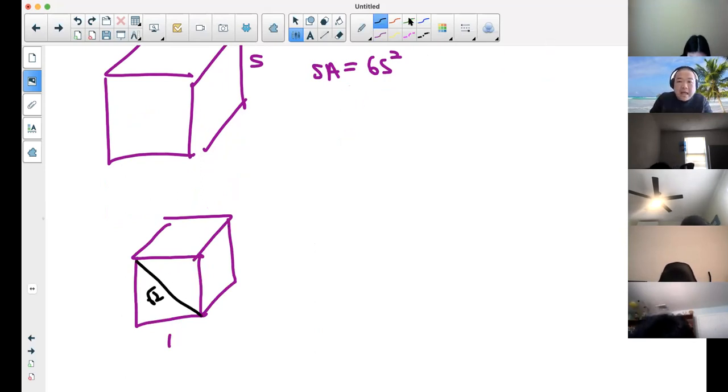But how about diagonal in 3D? So from corner to opposite corner, you see that, guys? That length is in fact equal to square root of 3. So the ratio is 1 radical 2 radical 3. That's basically the ratio of the dimensions of a cube.